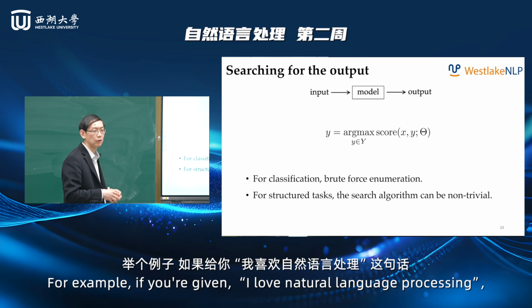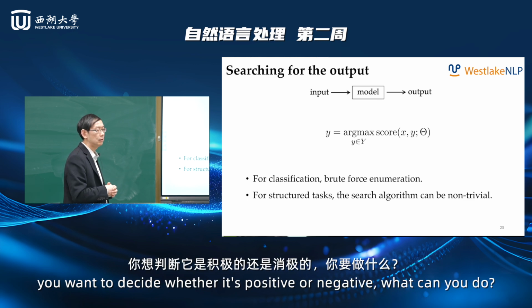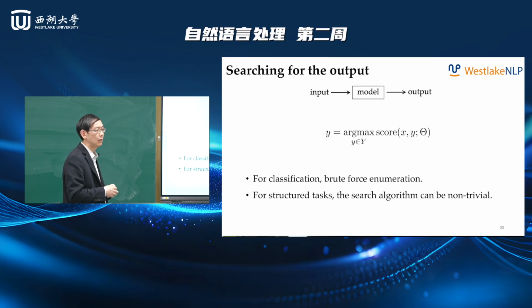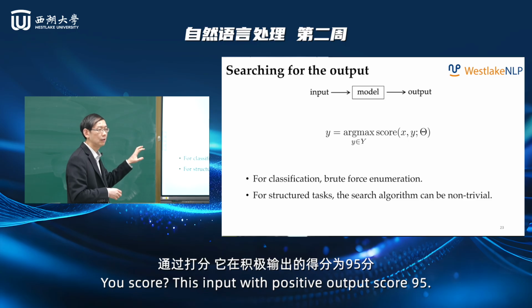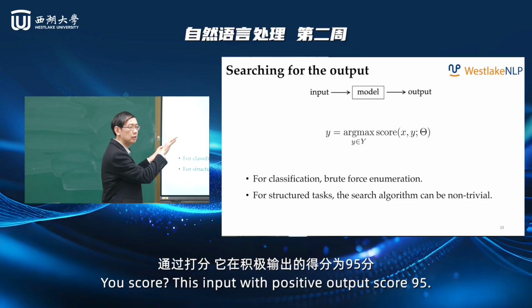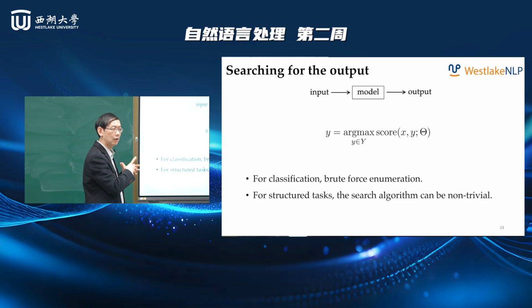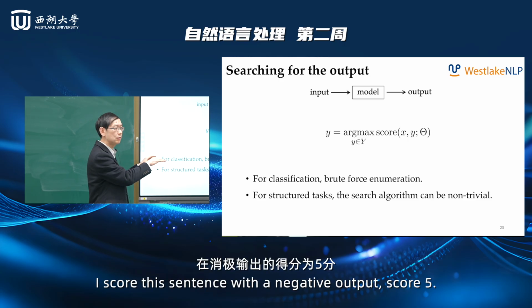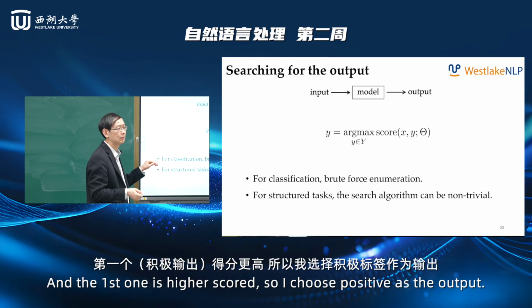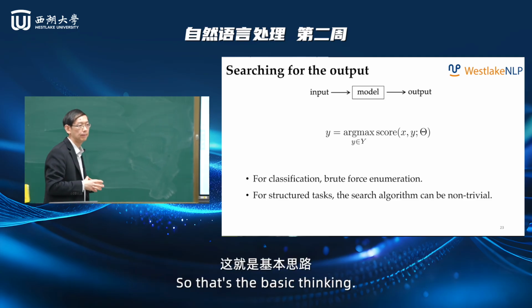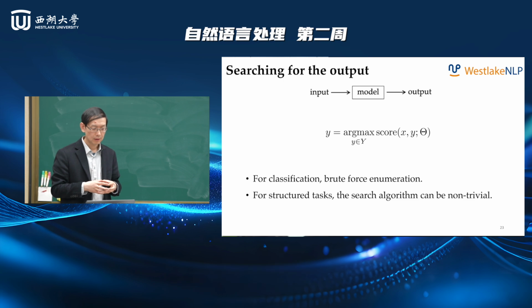So for example, if you're given "I love natural language processing", you want to decide whether it's positive or negative. What can you do? You score this input with the positive output, score 95. Now you score this sentence with a negative output, score 5. Then the first one is higher scored, so I choose positive as the output. That's the basic thinking.